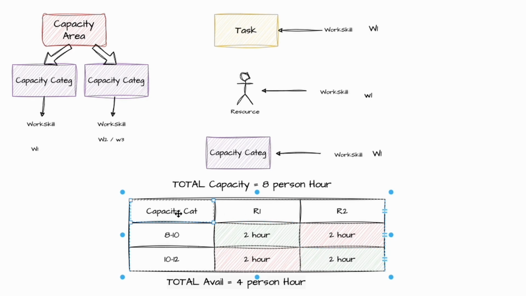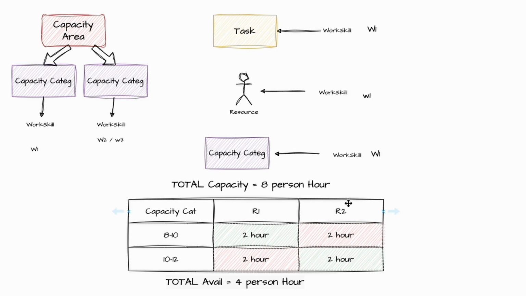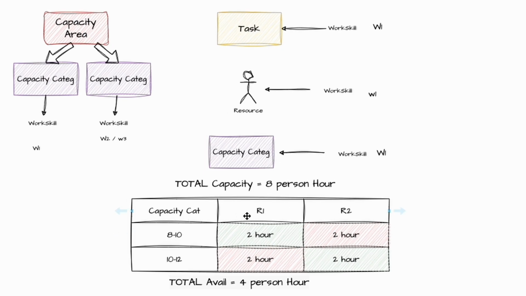For this capacity category, the booking status will show a total capacity of 8 person hours, 4 plus 4. So a call center agent can book a maximum of 8 person hours of tasks for a day. If the capacity category doesn't have any available capacity, then the call center agent can stop taking new bookings and new tasks.